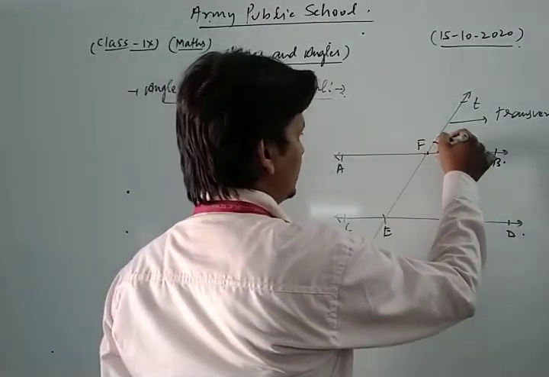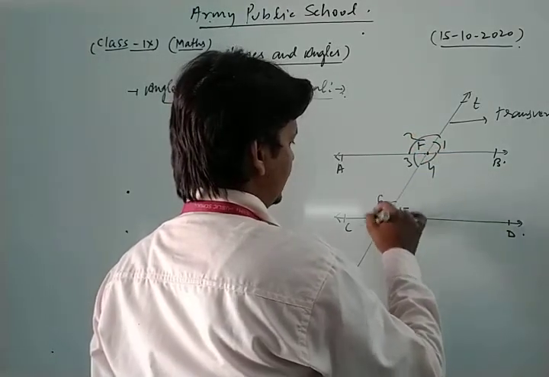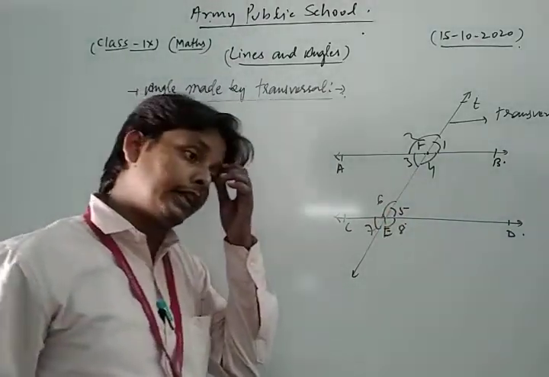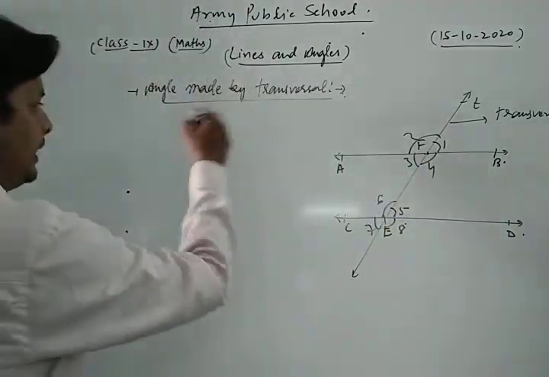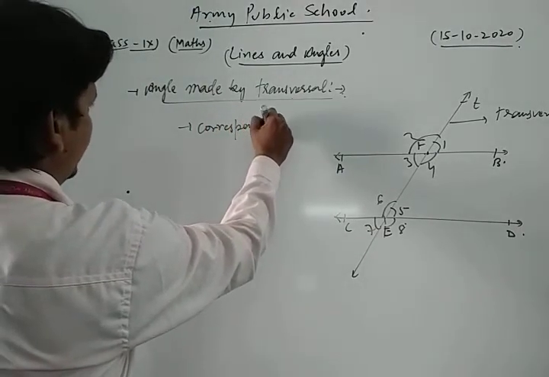Suppose this is 1, this is 2, that is 3, this is 4, this is 5, 6, 7 and 8. There are some important angles made by them. First one is corresponding angles.